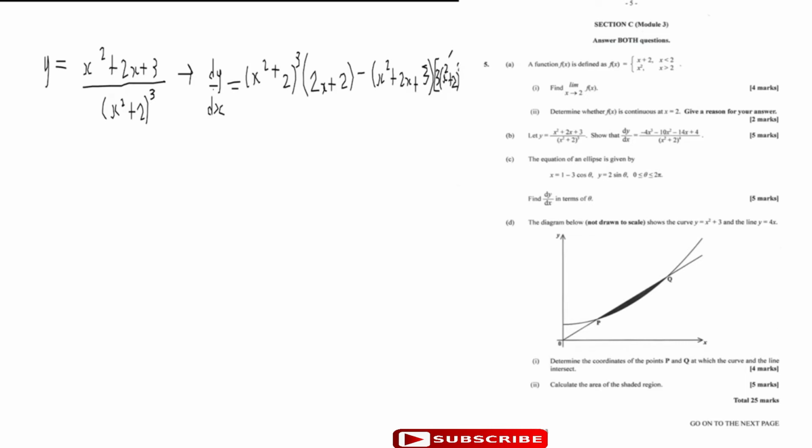The differential of x squared is 2x. So you multiply it by 2x. And all of that is being divided by the bottom squared. So it's being divided by x squared plus 2 raised to the 6th power.